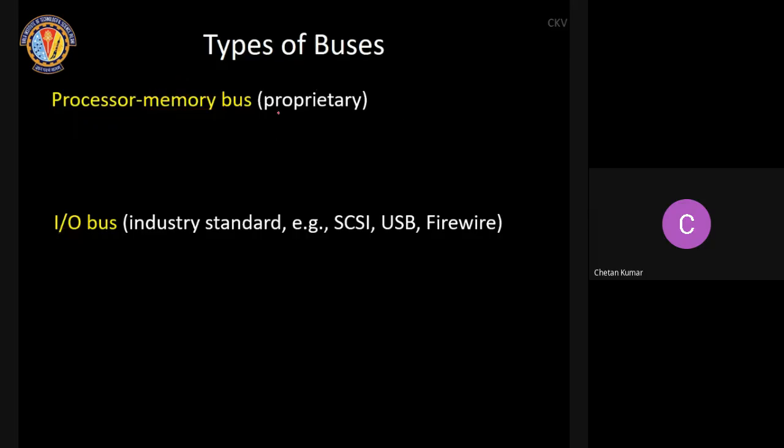One thing you have to understand is that the processor memory bus is proprietary. Different companies will have their own internal bus architecture for communication between processor and main memory, because this is time critical in nature. They'll have their own optimizations based on the processor model and your main memory.